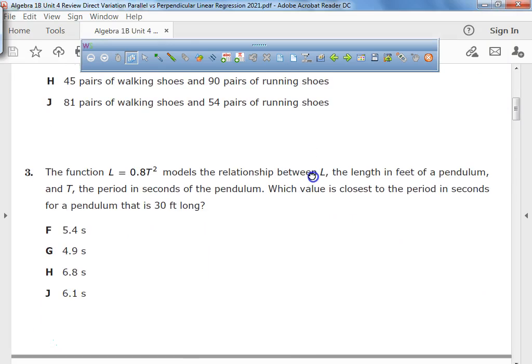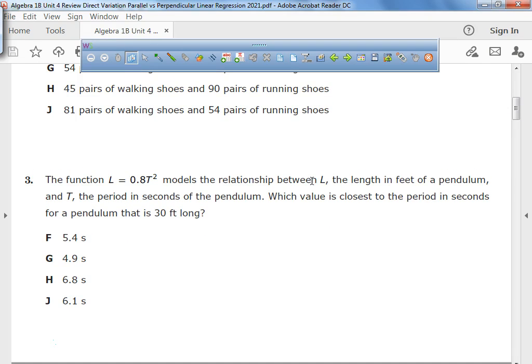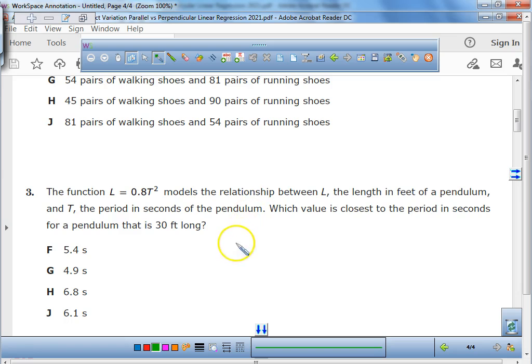Right down here. What I'd like you guys to do is I am going to show you guys the least complicated way possible. So if you would please, write down this formula. Ready? L equals 0.8 capital T squared.